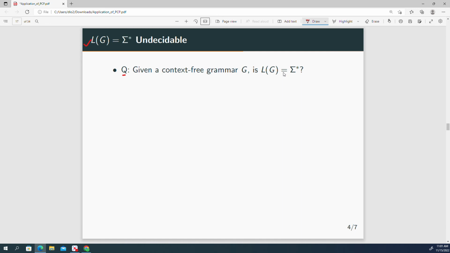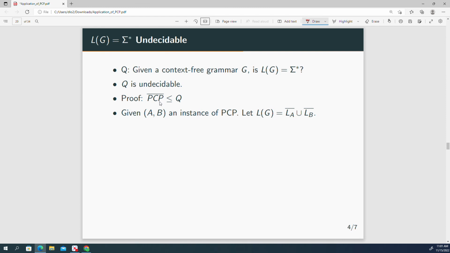We can prove the complement of PCP is reducible to Q, and if the complement of PCP is reducible to Q, then we simply say PCP is reducible to Q based on the previous analysis. So if PCP is reducible to Q and PCP is undecidable, Q must be undecidable.